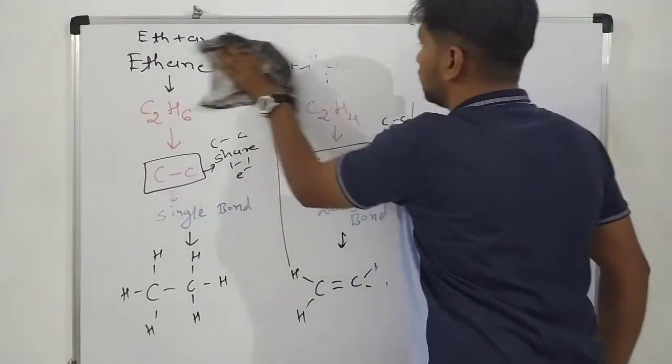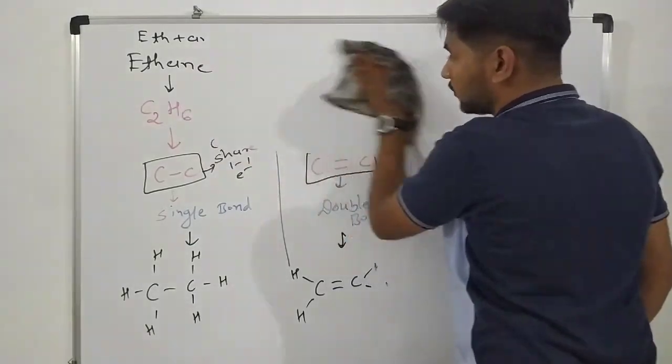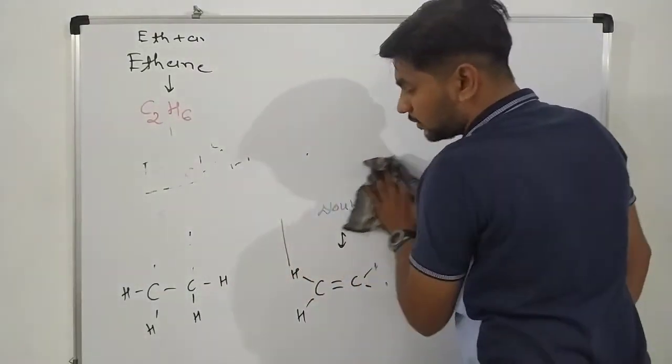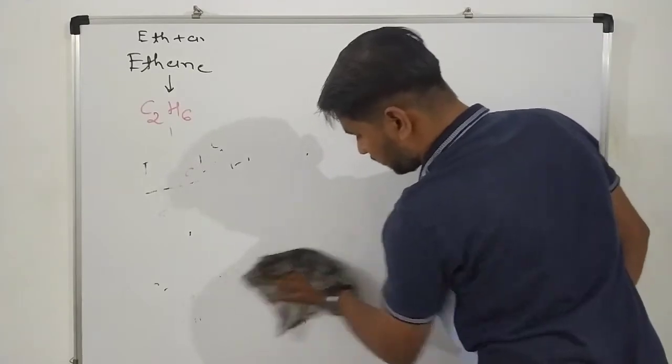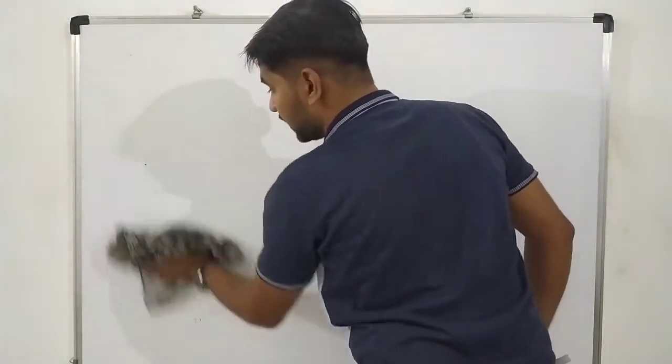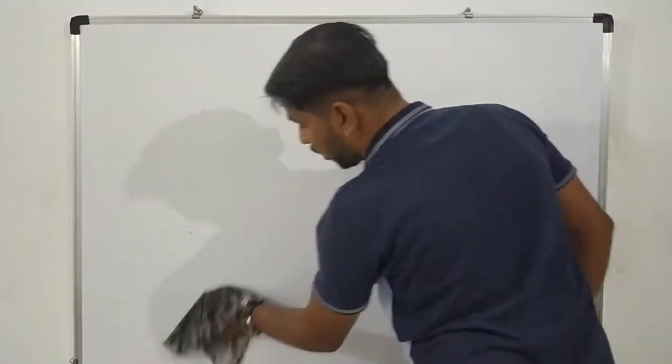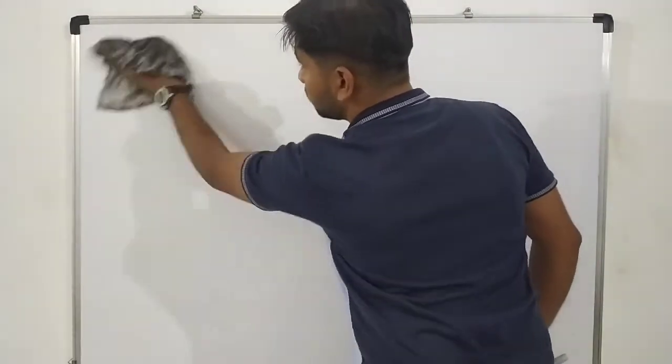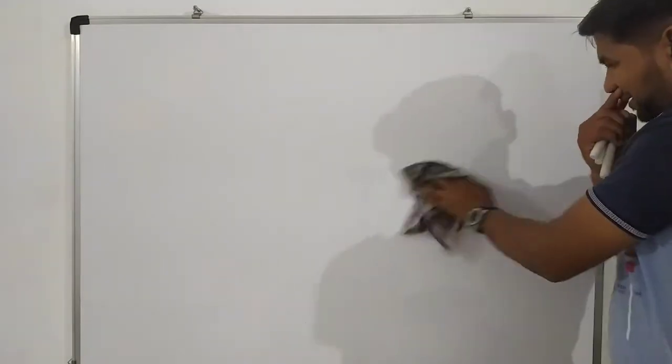Okay children, so now the next question is, what is a saturated and unsaturated carbon compound? This we also discussed in our previous lecture, and it is a very easy concept.